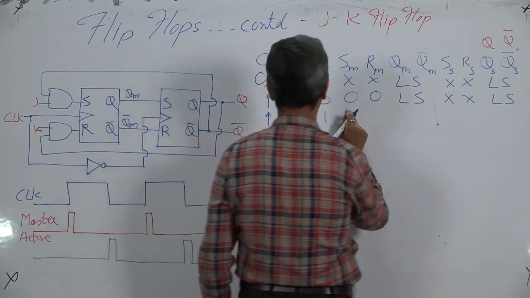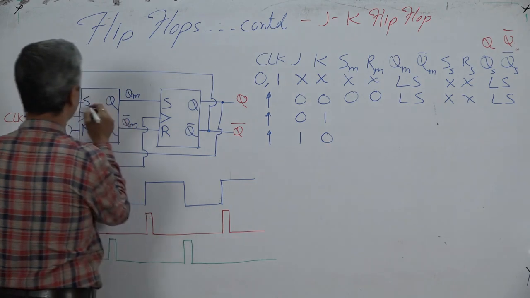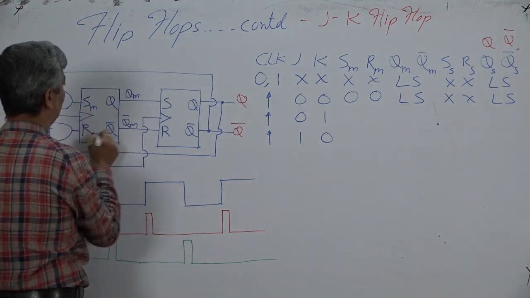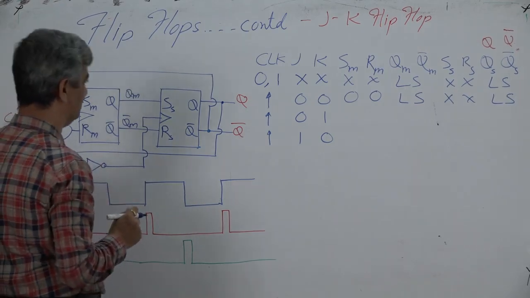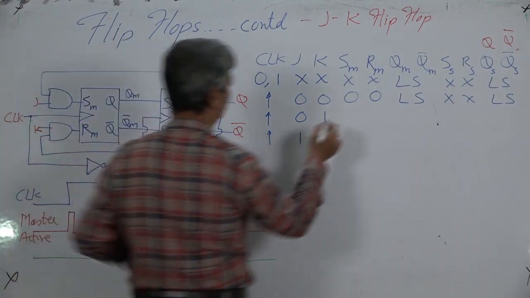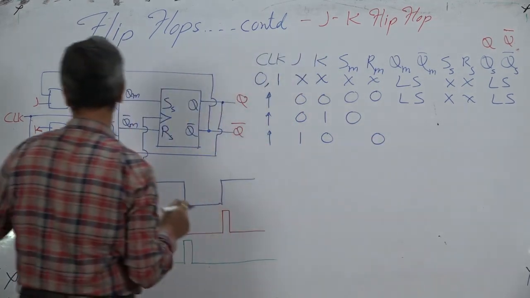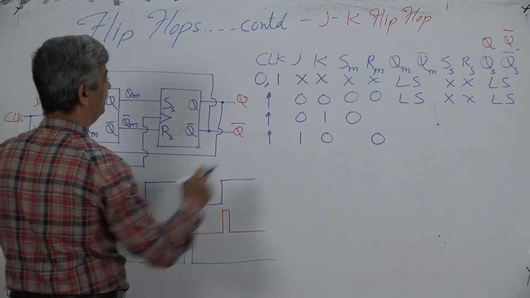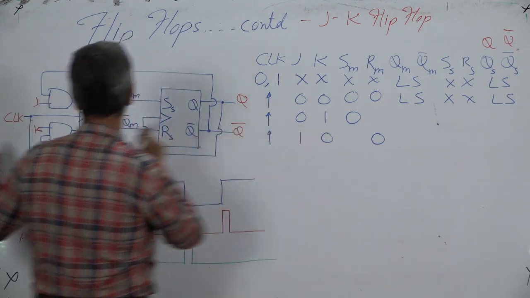So J0 K1, J0 means, this now I write as SM, RM, SS, RS. So J0 means SM0, K0 means RM0. Now K1 means what is RM?